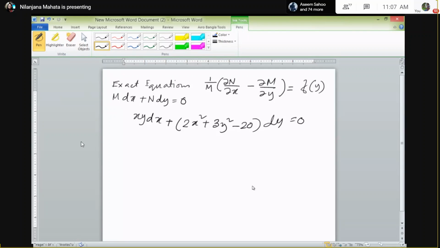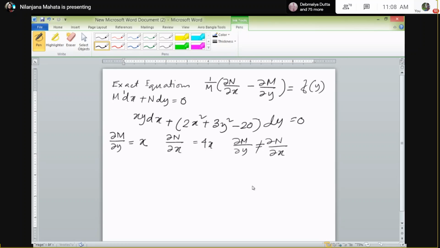Now here your M is xy, so your del M del y is nothing but x and your del N del x is 4x. So your del M del y is not equal to del N del x. So this equation is not exact.